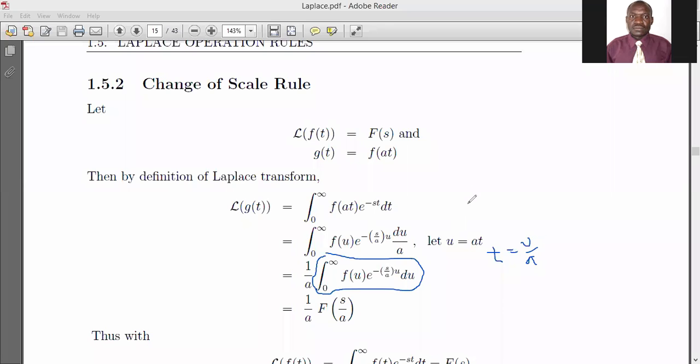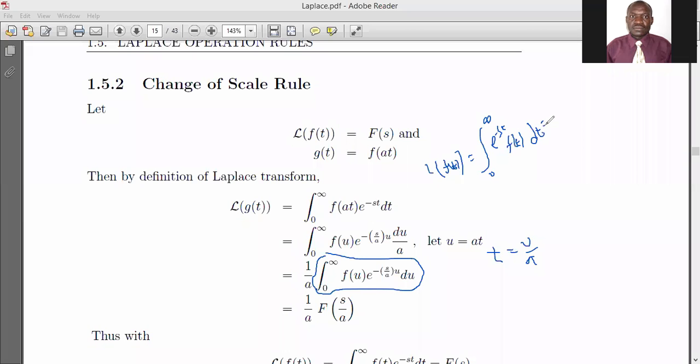Remember our definition, guys. We have L of F of T, which is the integral from 0 to infinity of E to the minus ST, and this is, of course, the function you are looking at, and this is dt.